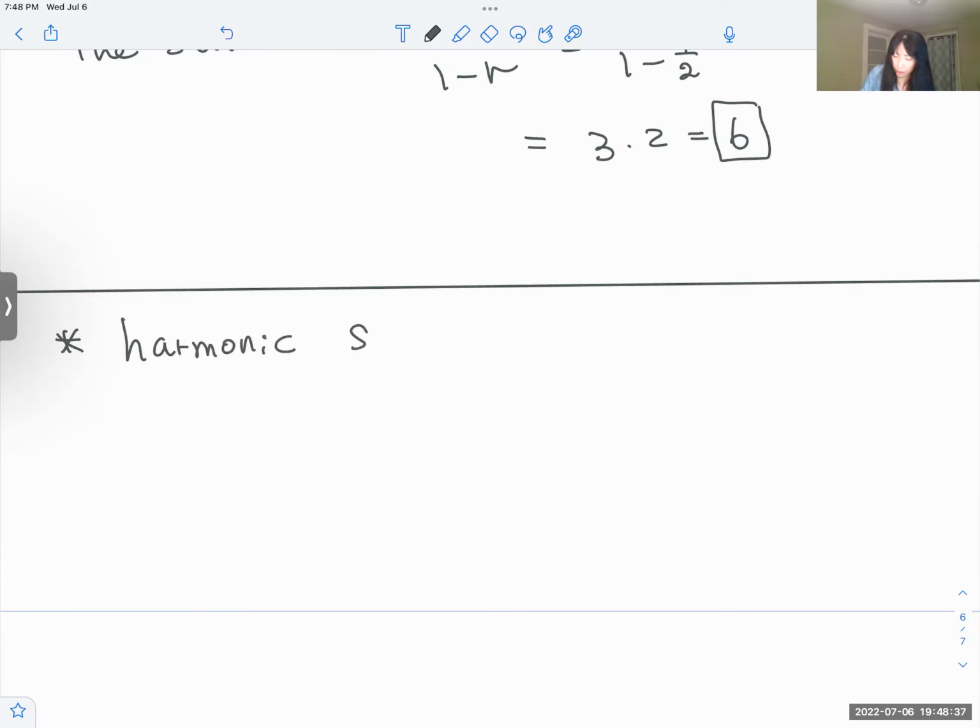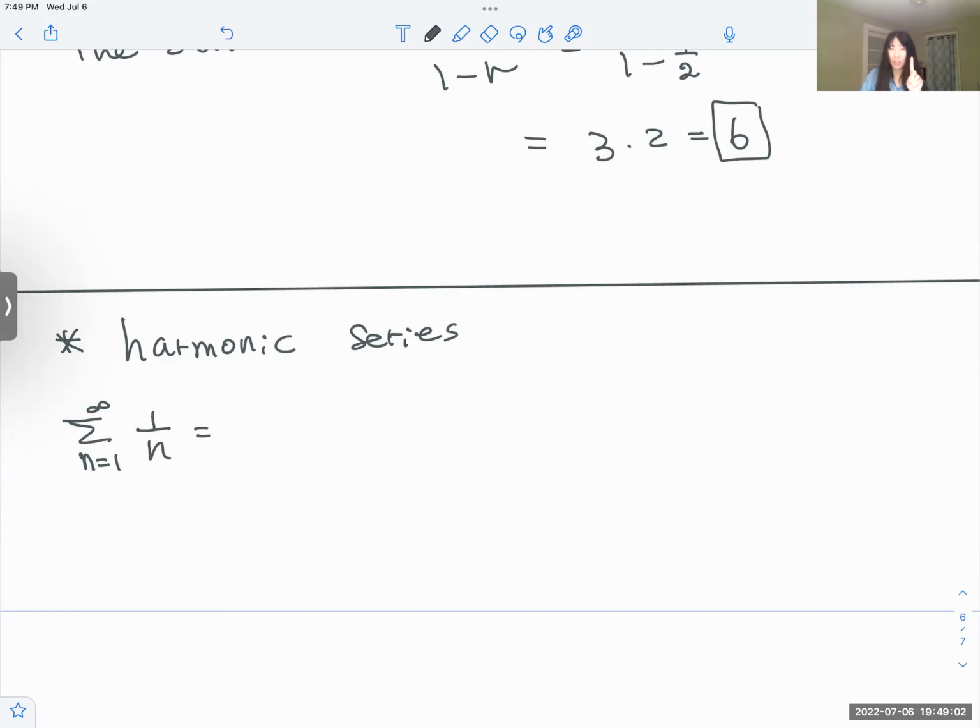We have the summation from n equals 1 to infinity of 1/n. It can be any constant on top, but the form is n in the denominator. We call it the harmonic series.